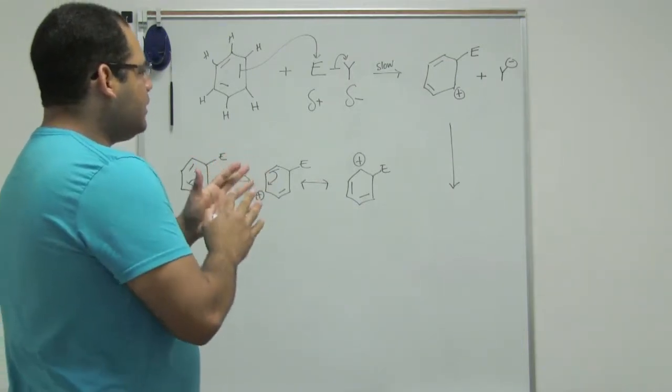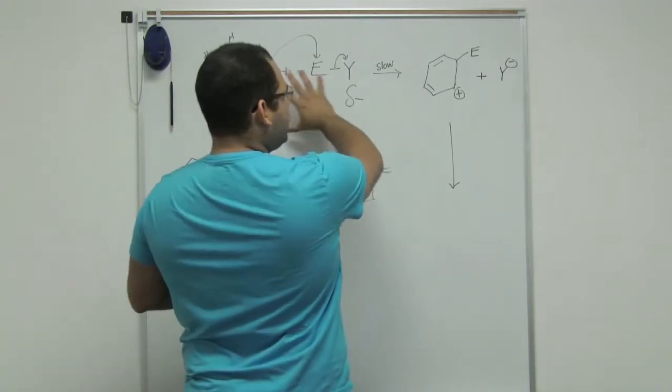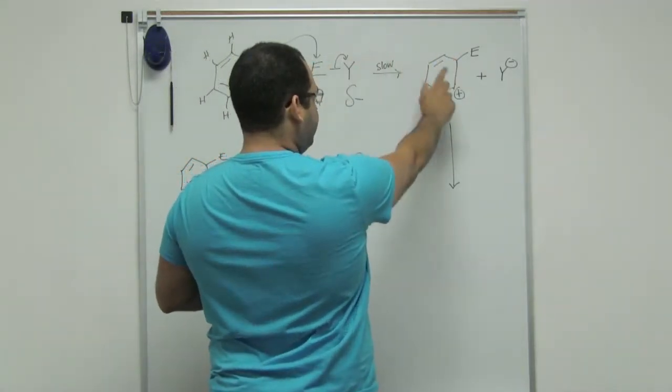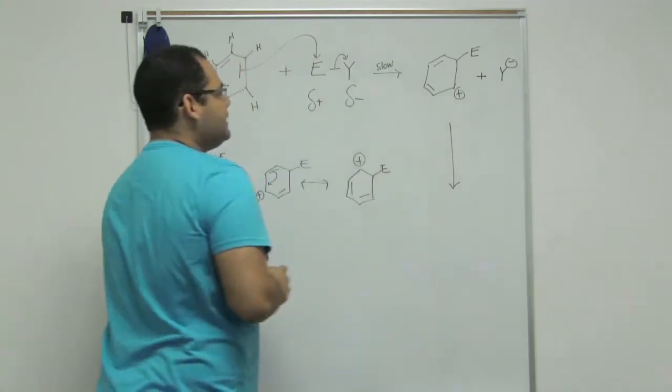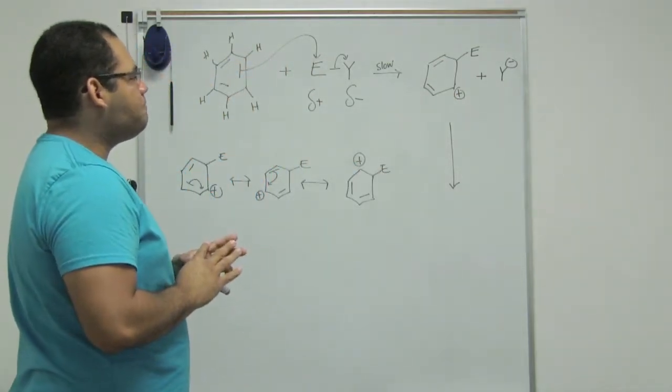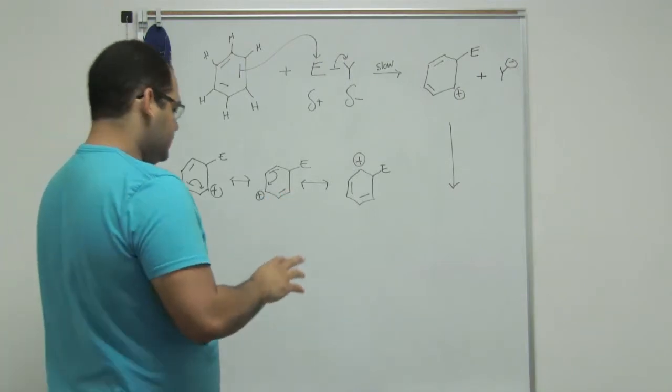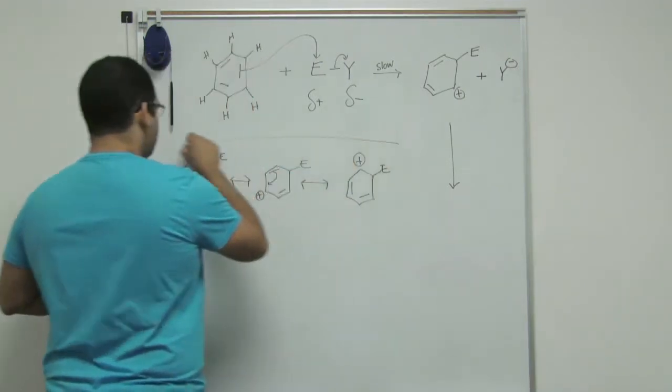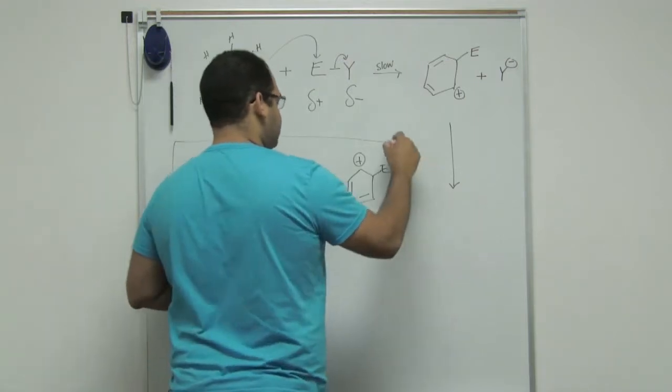Here we have the formation of the first step, where we break the aromaticity and make this unstable carbocation. And we have two ways to go when predicting the final product.